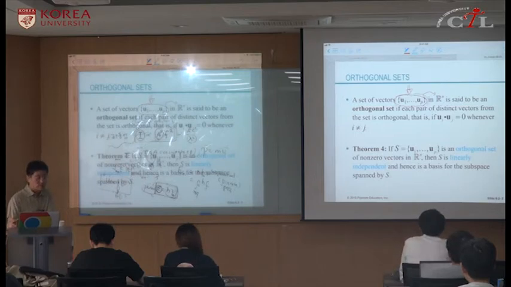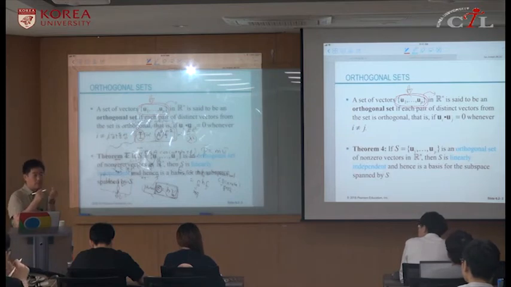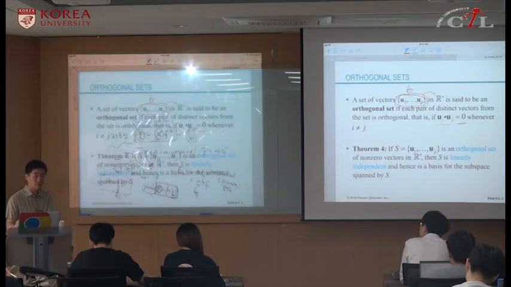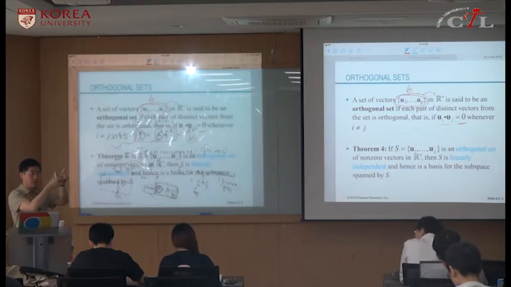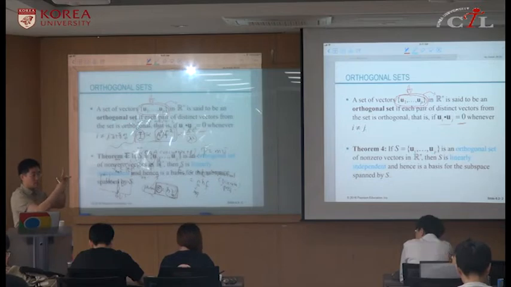Given multiple vectors in a set, we pick any two vectors from the set, and if the inner product between the two is always 0, then this is called an orthogonal set. Basically it means that, suppose we have three vectors in our set, then for any two of them, their angle is always 90 degrees. That is the definition of an orthogonal set.